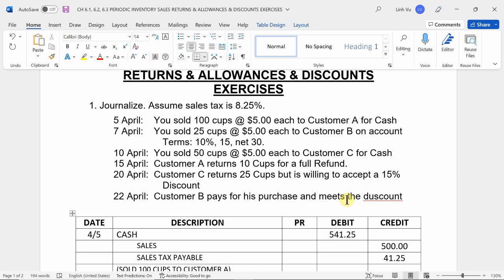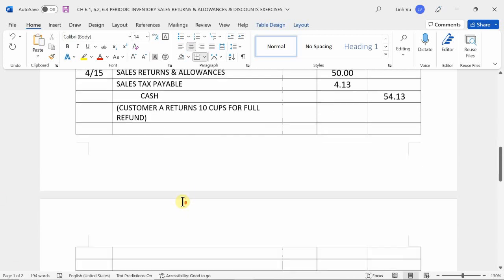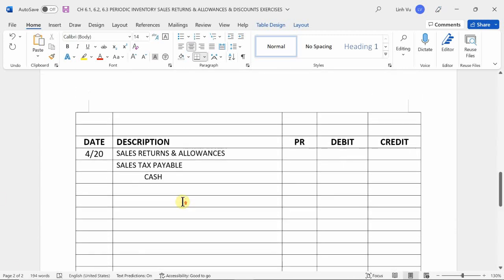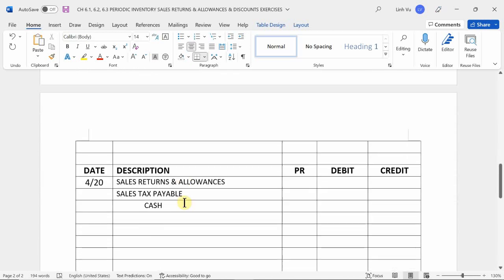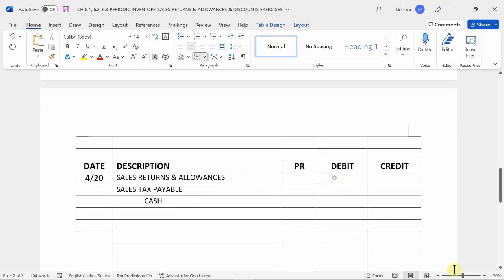And because I'm not giving them a full refund, I'm only giving them 15% back. So therefore, 18.75. Yes. So then how much tax am I going to also be giving back?